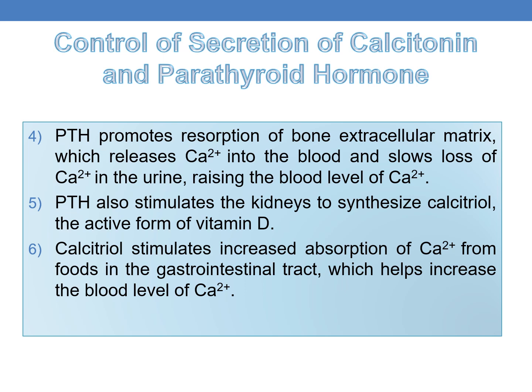Parathyroid hormone also stimulates the kidneys to synthesize calcitriol, the active form of vitamin D. This calcitriol stimulates the increased absorption of calcium from foods in the gastrointestinal tract, which helps increase the blood calcium levels.